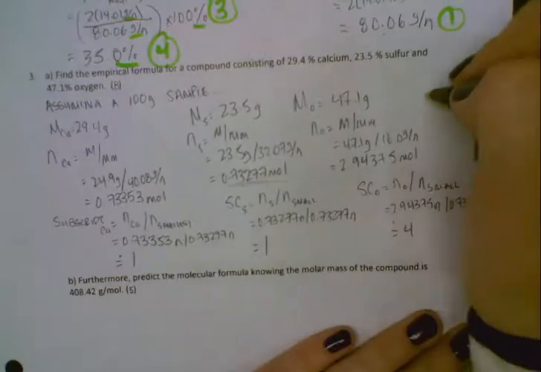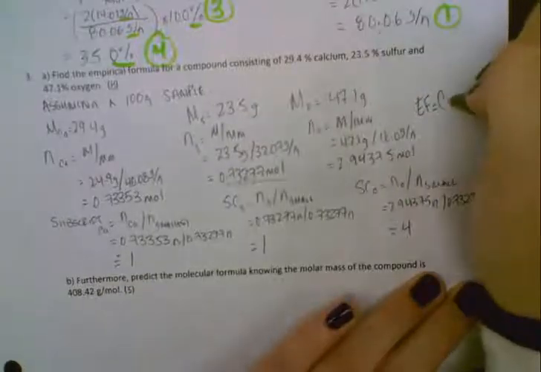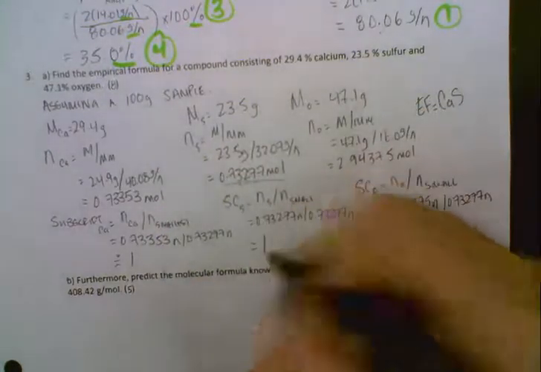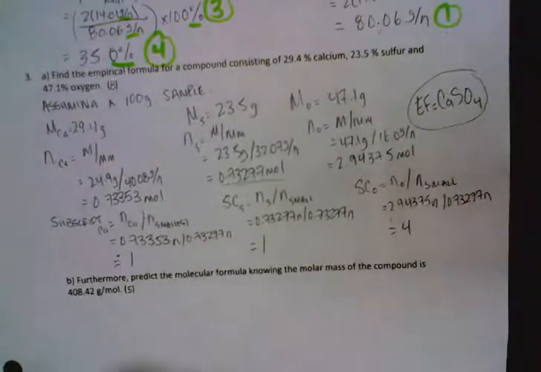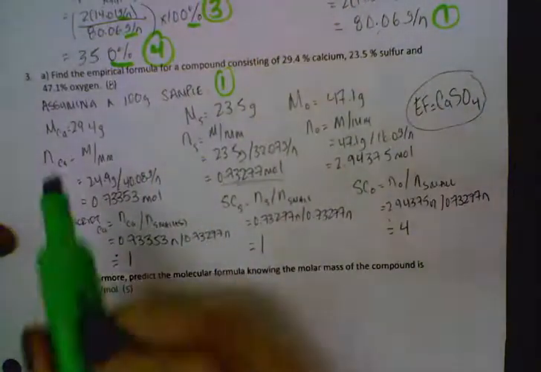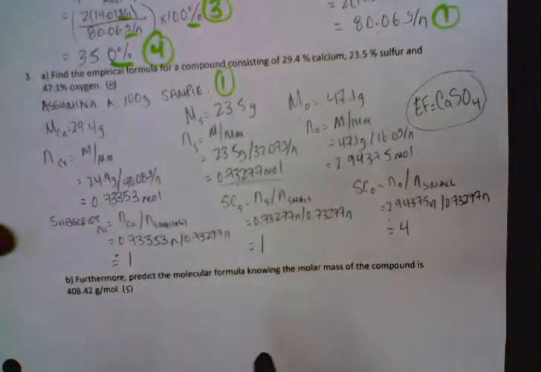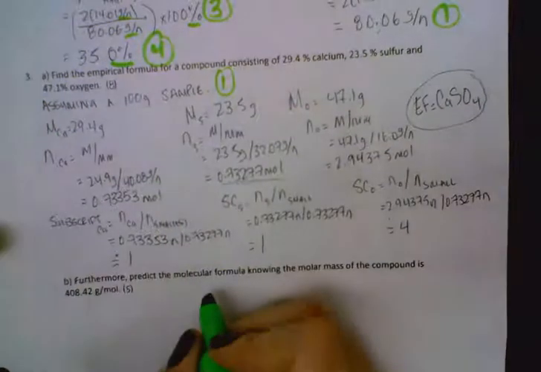Okay, so based on this, we can say my empirical formula must be Ca subscript 1, which we don't write, SO4. So here's my empirical formula. On the test, you got a mark for writing, assuming a 100 gram sample, okay, and calculating the mass values, but make sure you write this statement out, that you will get marks for writing out that statement, because it explains where you're getting these masses from.